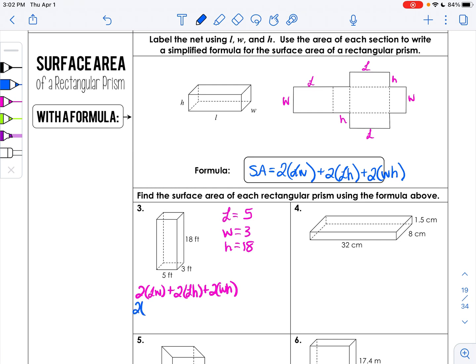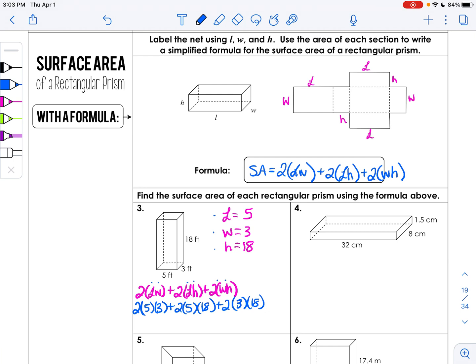So that would be 2 times 5 times 3 plus 2 times 5 times 18 plus 2 times 3 times 18. So again, I'm just taking this length, width, and height and plugging them in to the appropriate spot of the formula. And then I can use a calculator to multiply.